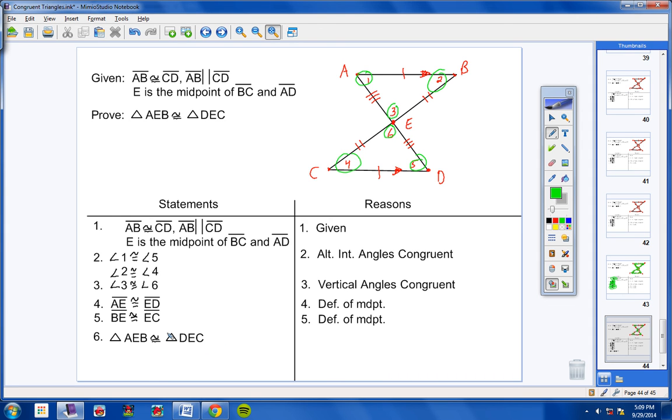And what's my reason? How can I state this? Definition of congruent triangles. I mean, look, I stated that all 6 parts up here are congruent to all 6 parts down here. So once I state that, I can definitely state that the 2 triangles are congruent. And my reason is definition of congruent triangles.